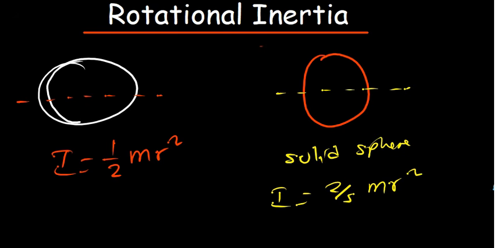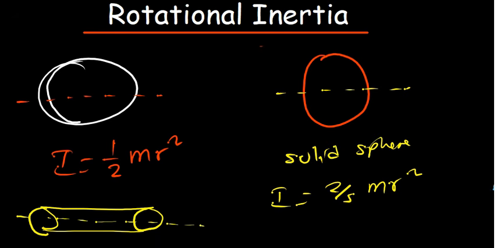Then there is what we call a solid cylinder. Let's say we have a cylinder, and here is my cylinder. The radius is there. The inertia of the disk and the cylinder is the same, so the inertia of the cylinder is going to be mr squared.